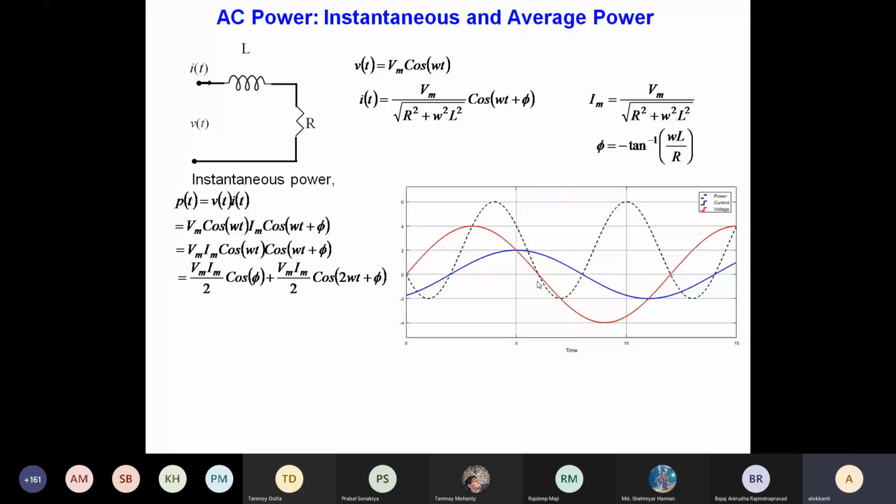The peak to peak values are not within the same range. Power is shifted up because of the Vm Im by 2 cos phi term. There is a positive bias added to the power. For the power, the baseline is somewhere else.